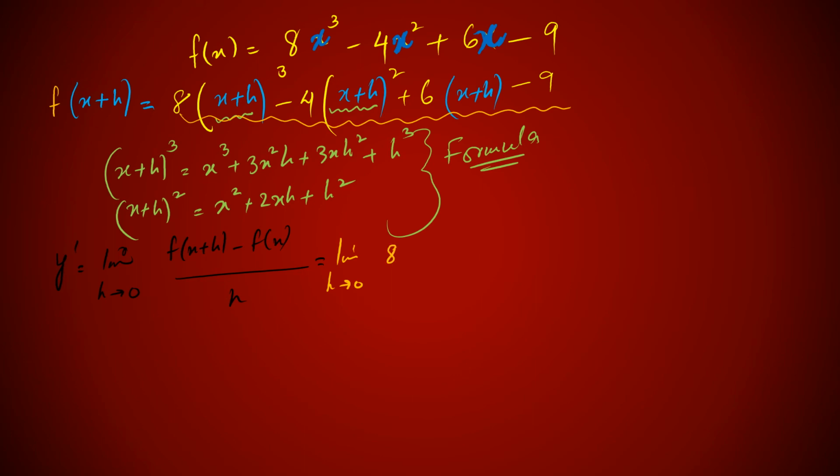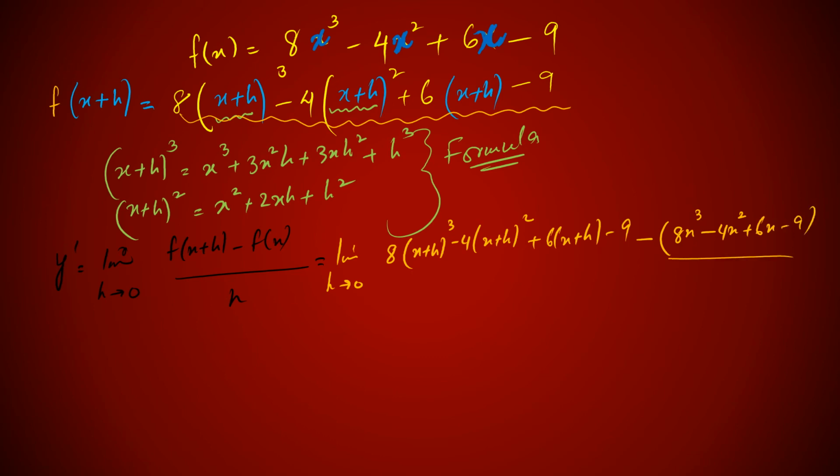That means I will write 8 x plus h whole cube minus 4 x plus h whole square plus 6 x plus h minus 9. Then minus f of x. F of x means write the quotient, that is 8x cube minus 4x square plus 6x minus 9, whole upon h.